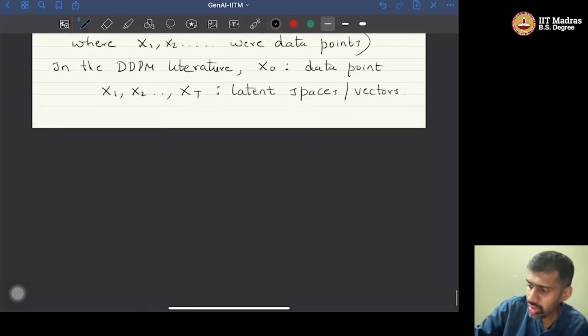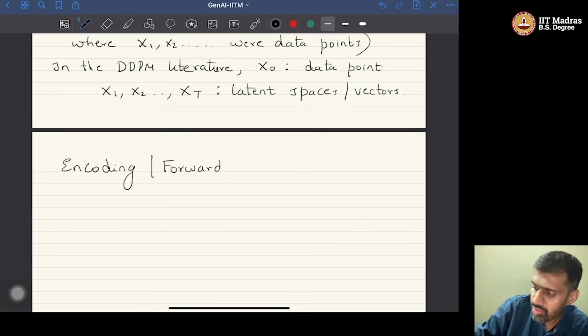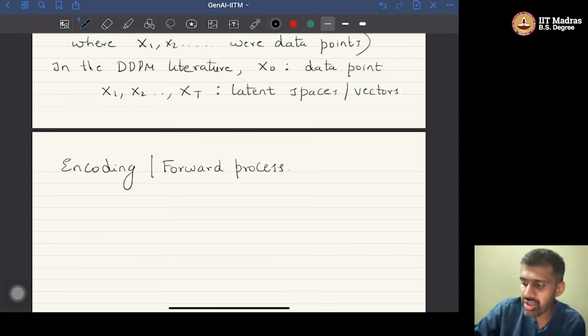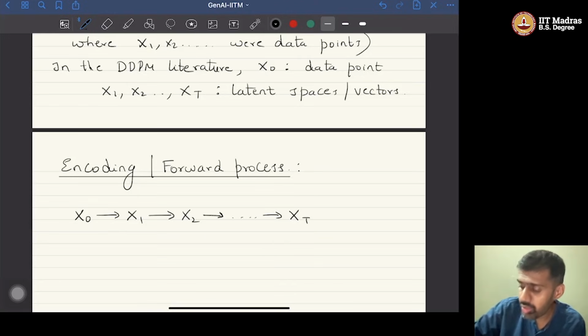Now let's write down the encoding procedure in a DDPM. Encoding is also called the forward process. It is called the forward process because we are starting from the data space and gradually projecting it onto several latent spaces. So now the notation is we start from x naught, then we go to x1, then x2, and so on, and we have x capital T. This is the encoding process.